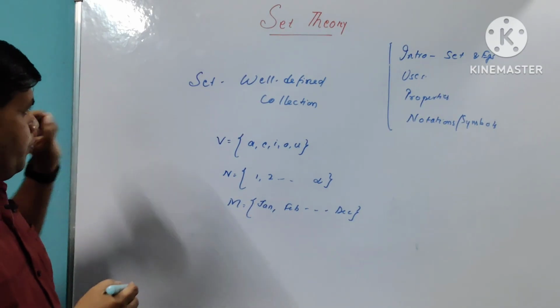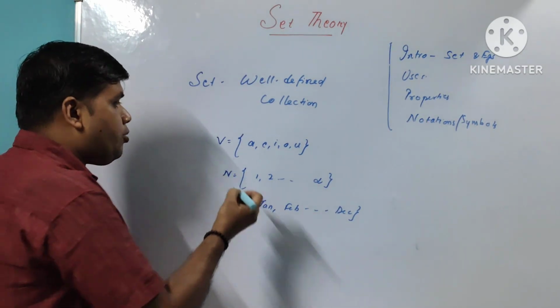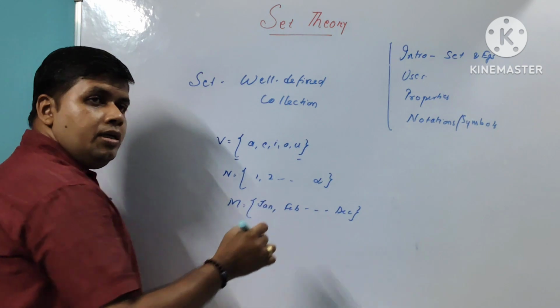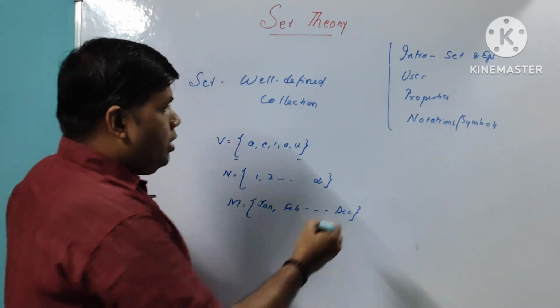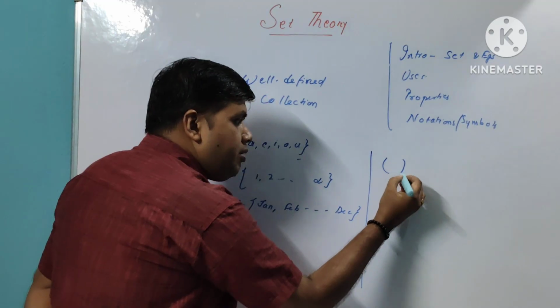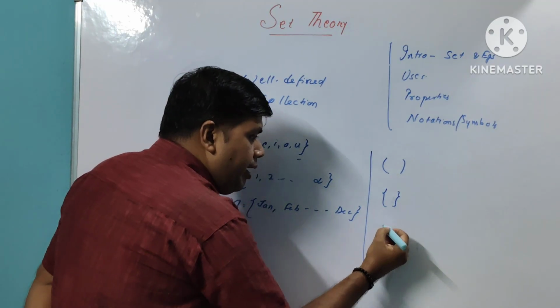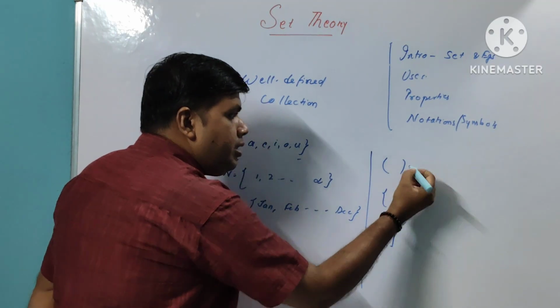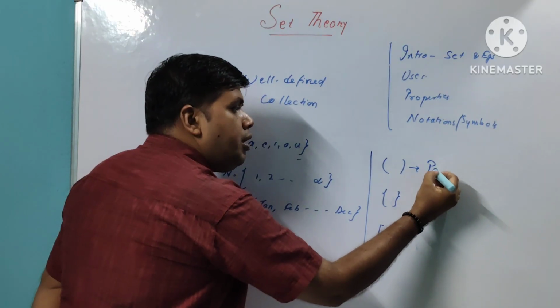One important thing: whenever we have to represent a set, we have to write it within curly braces. We are already familiar with the three brackets of mathematics. The first bracket is also called parenthesis.